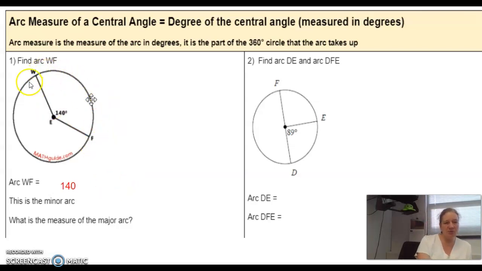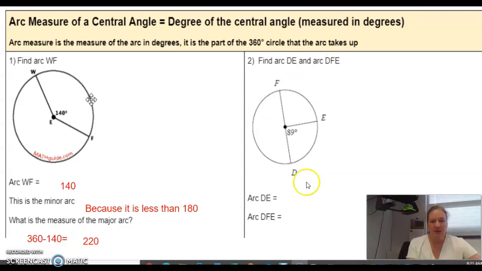What's the major arc? Well, the major arc would be from W all the way around on the backside to F. So all I would do is say 360, the entire circle, minus 140, the minor arc. And that's going to be 220. Okay, so now we're looking over here at number 2.